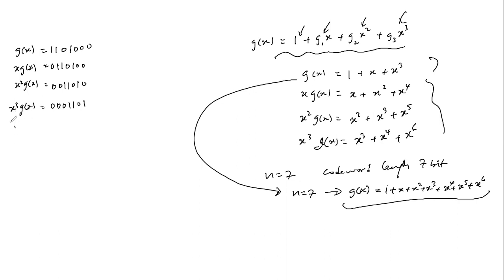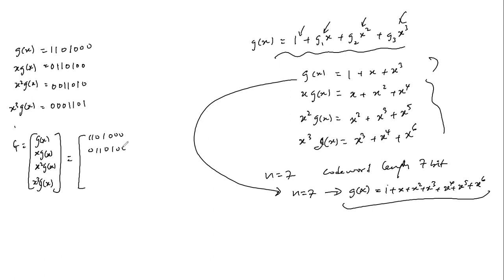So hence, the generator matrix G will be of the format g of x, x g of x, x squared g of x, and x cubed g of x, which should now be 1, 1, 0, 1, 0, 0, 0, 0, 1, 1, 0, 1, 0, 0, 0, 0, 1, 1, 0, 1, 0, 0, 0, 0, 1, 1, 0, 1.